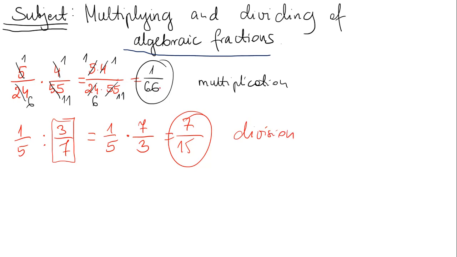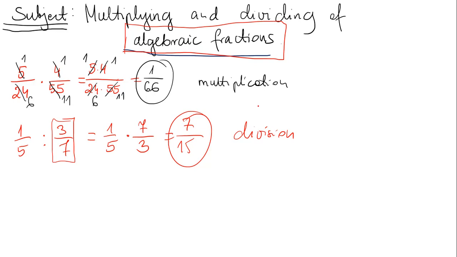And exactly the same rules we will apply to algebraic fractions. So we are going to do exactly the same thing with multiplication and division. So the rule is the same, but of course the structure and the operations are a bit different because we work with polynomials. So we don't have numbers, but we have polynomials.